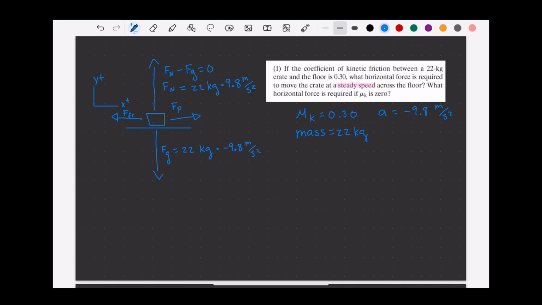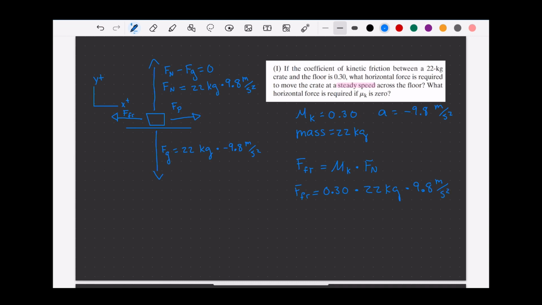We know that friction force can be found by this simple equation: friction force is equal to the coefficient of kinetic friction times the normal force. Given what we have, the friction force is equal to 0.30, our coefficient of kinetic friction, multiplied by 22 kg times 9.8 meters per second squared.